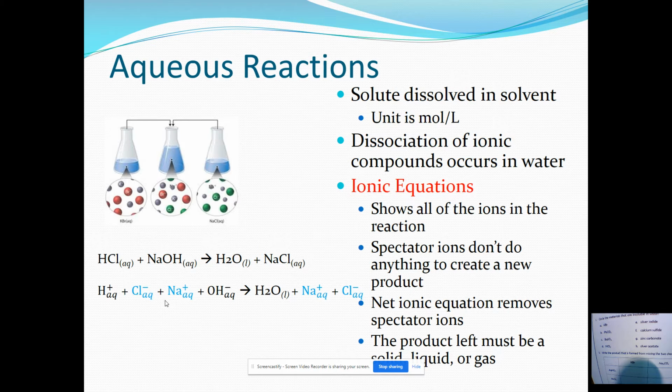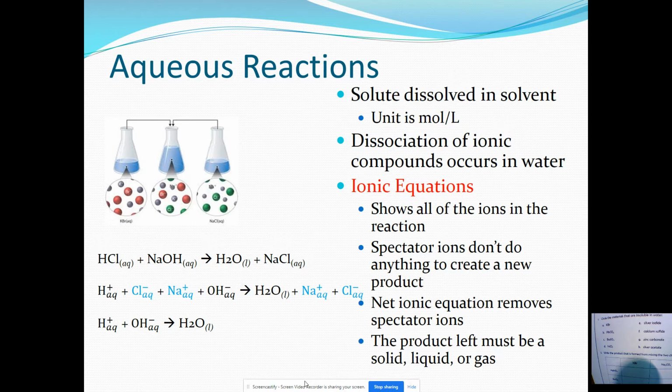They are still Cl negative, Na plus. They are still the same. We can remove them and come up with the net ionic equation. The net ionic equation just has the ions that do the reactions, and the product has to be a solid, a liquid, or a gas.